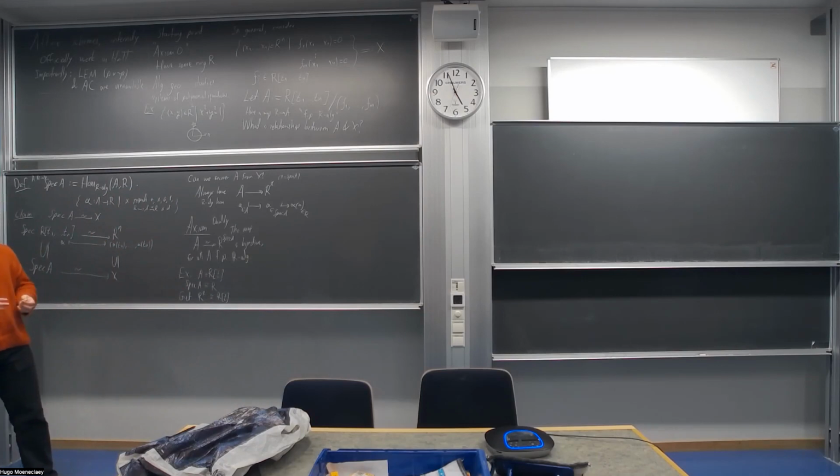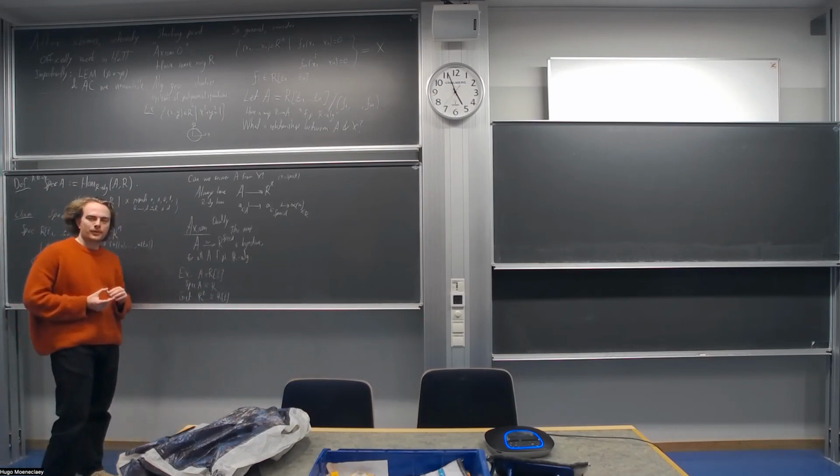So it says somehow that every function R to R is polynomial.